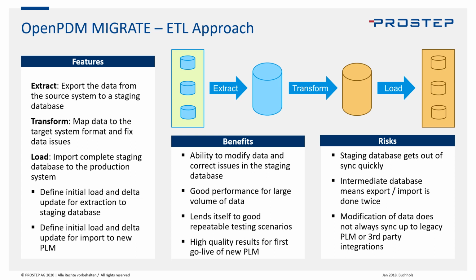So let's look at an ETL style approach to a migration. Again, this is extracting data from various data sources into a staging database, doing a transform of that data, which could be just database mapping from one to another, or doing a binary conversion to create different CAD files, or maybe creating PDFs or something like that, and then loading the data into the new system.